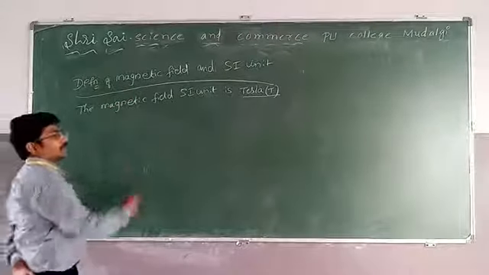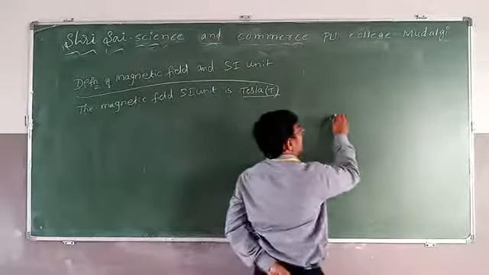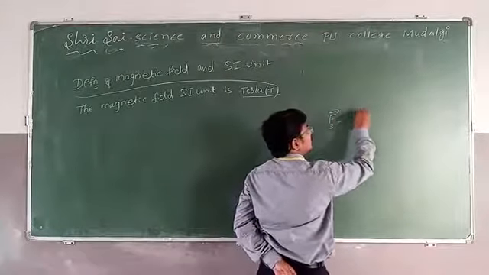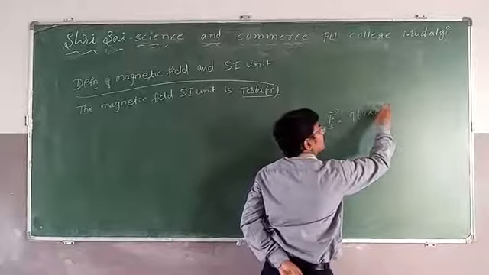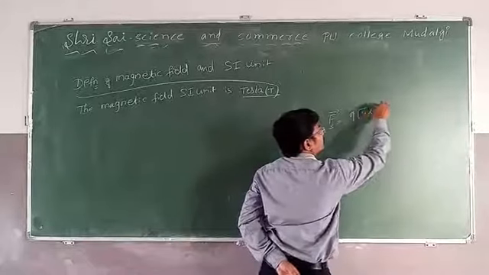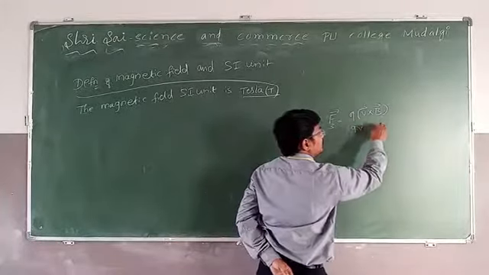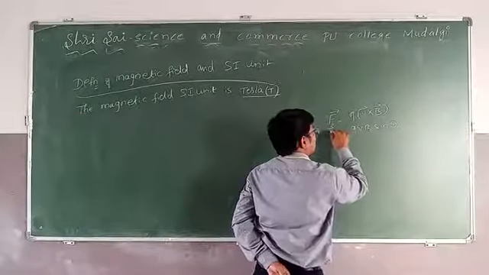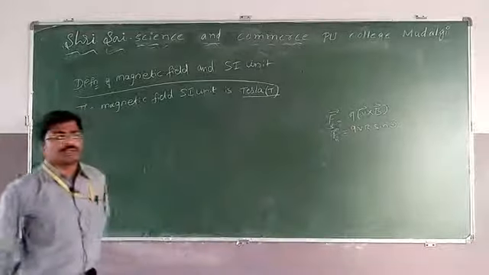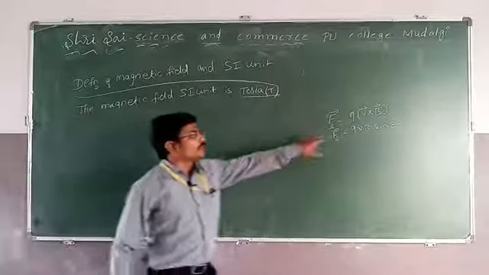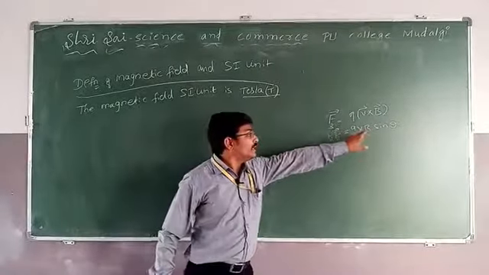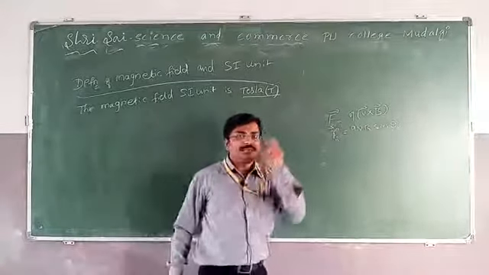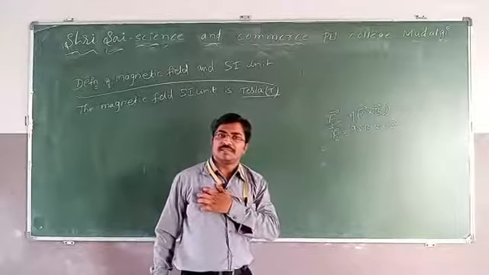We know that magnetic force FB is equal to QV cross B, that is QVB sin theta. We know this formula. With the help of this formula, we can define the magnetic field B. What is the magnetic field B?